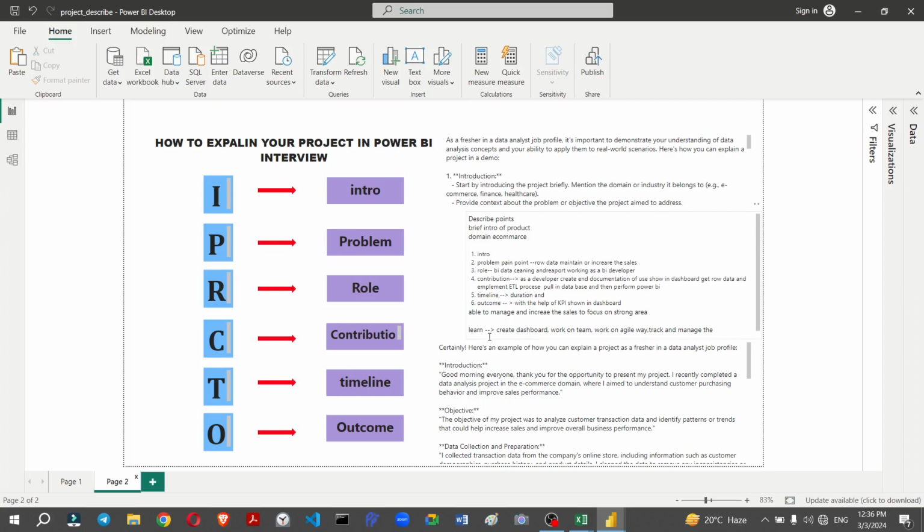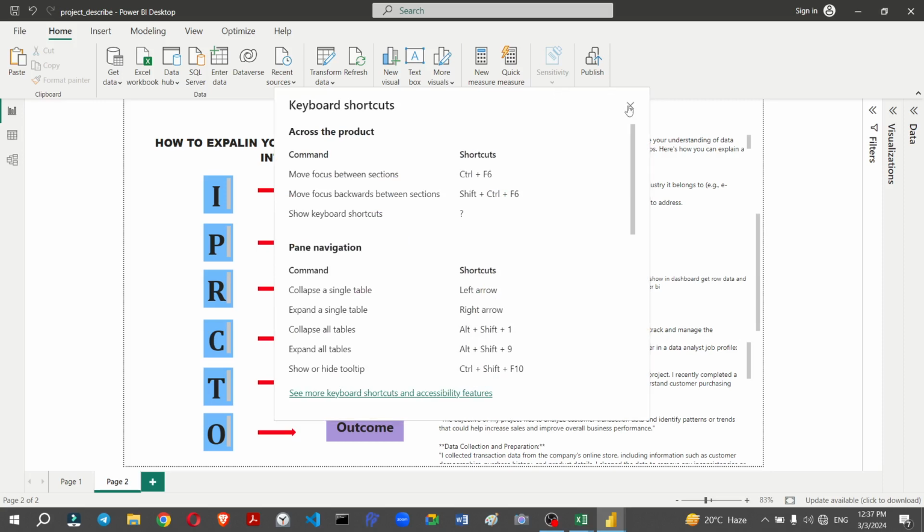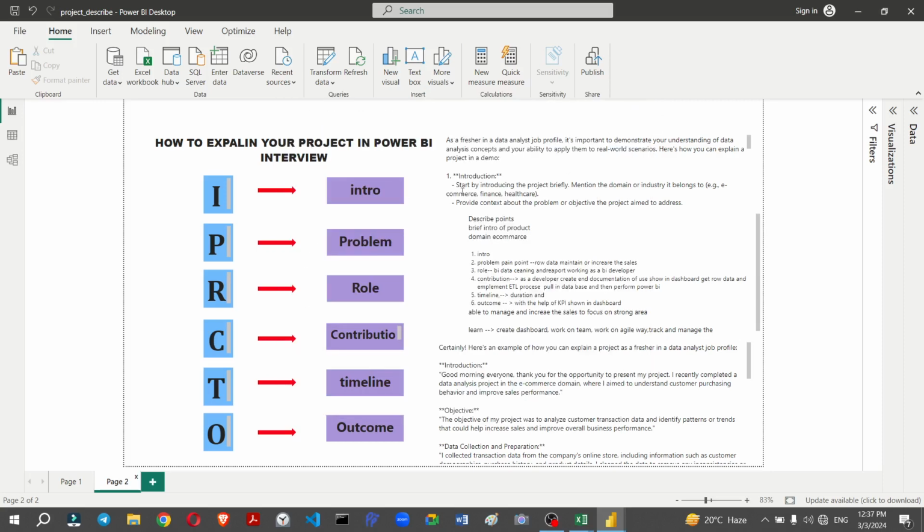We define the problem as: they have sales, but they don't know where to focus the sales more to improve the company's strength. This is the main goal of the project. You can describe the pinpoint or problem of the company which you solve during the data analysis part.